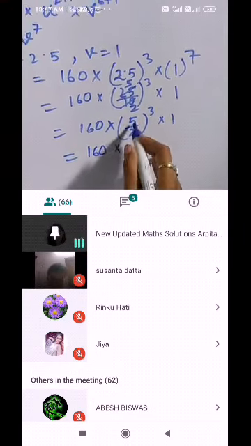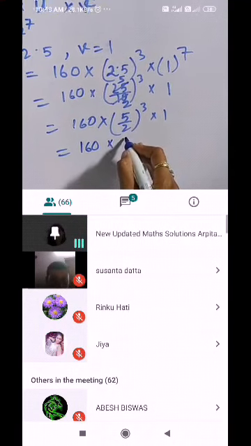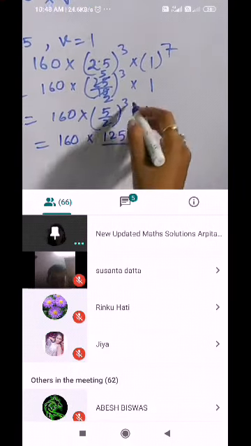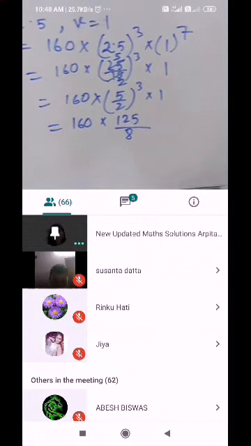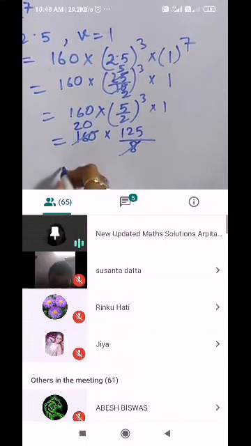Then 5 cube means what? 5 into 5 into 5. That means 5 5s are 25, 25 5s are 125. And 2 cube means what? 2 2s are 4, 4 2s are 8. Clear? After that, this will be cut. 8 2s are 16, 0, 20.